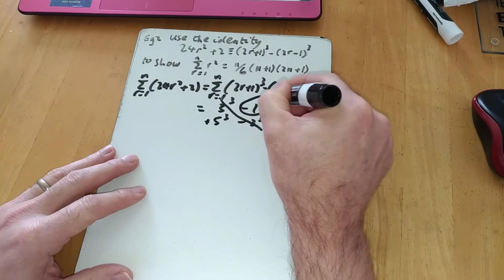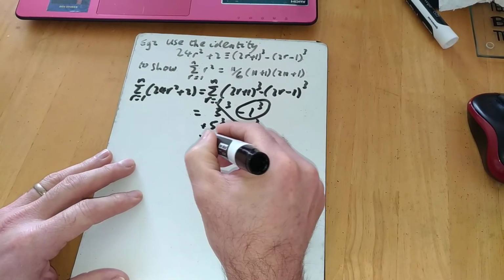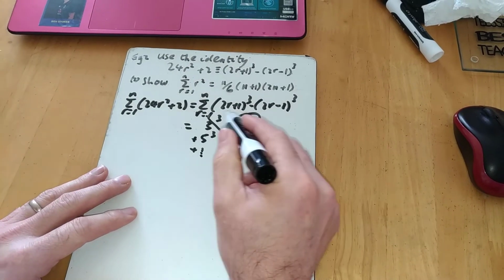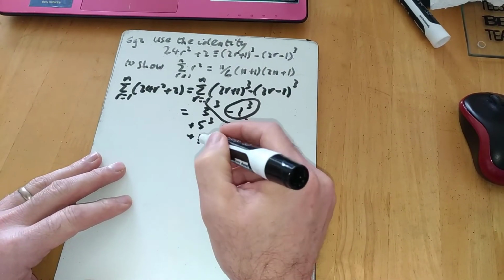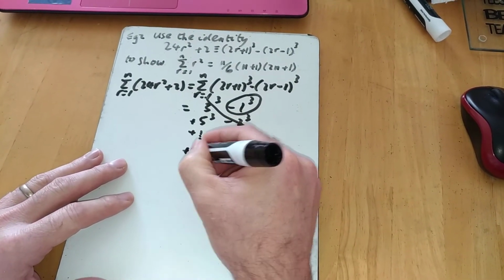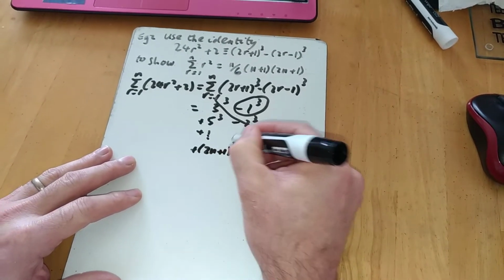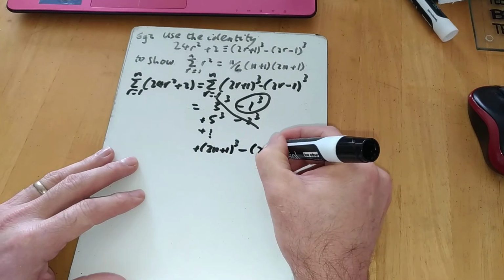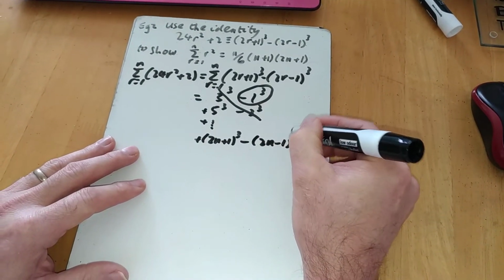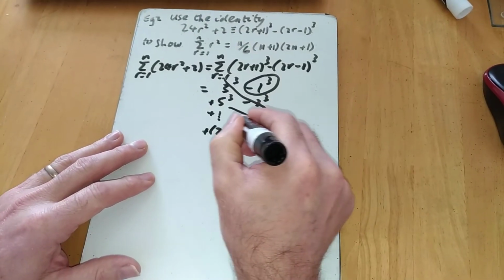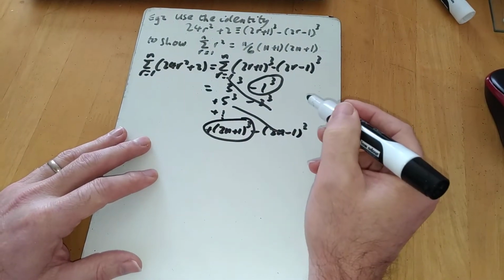I'm left with just the one term there. I can go dot dot dot, and when I stick in r equals n, I get plus 2n plus 1 all cubed minus 2n minus 1 all cubed, and everything would have cancelled out apart from that term at the top and that single term at the bottom there.